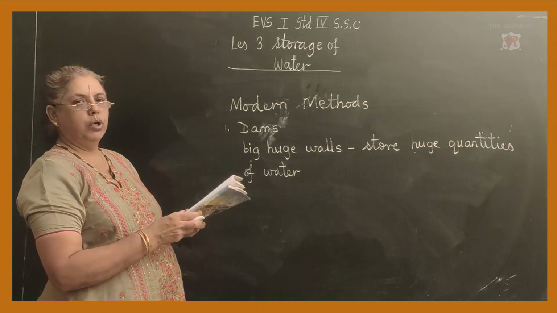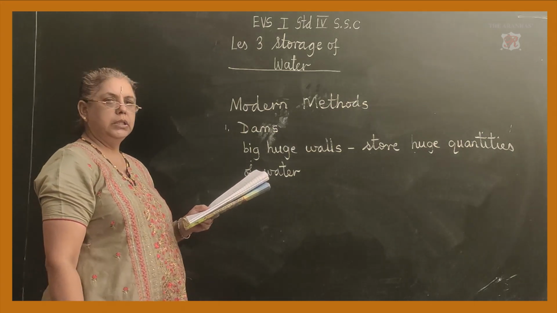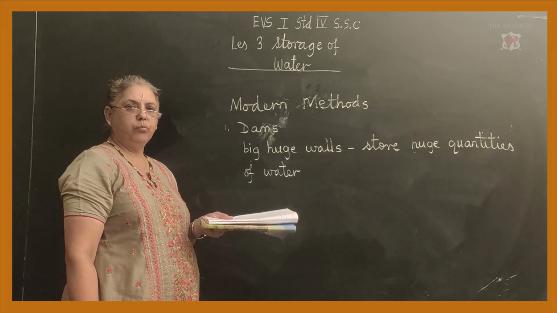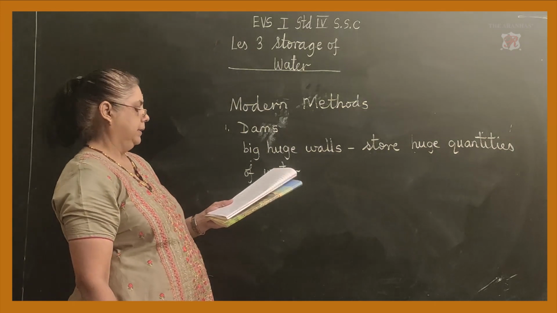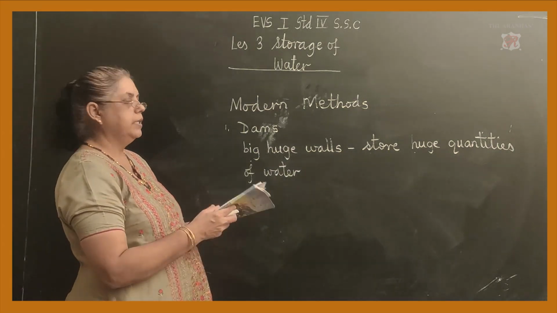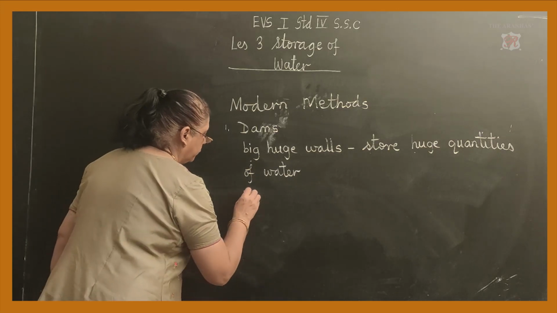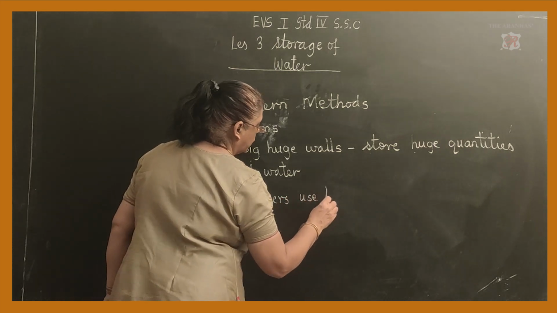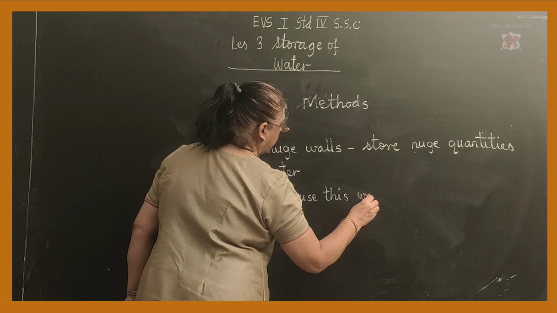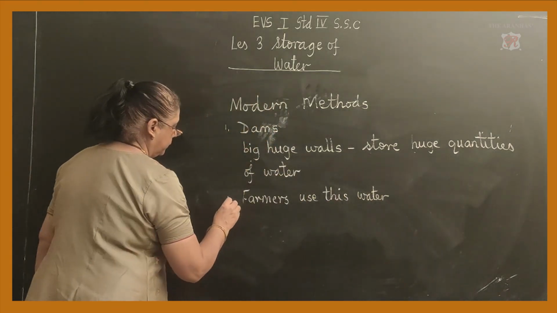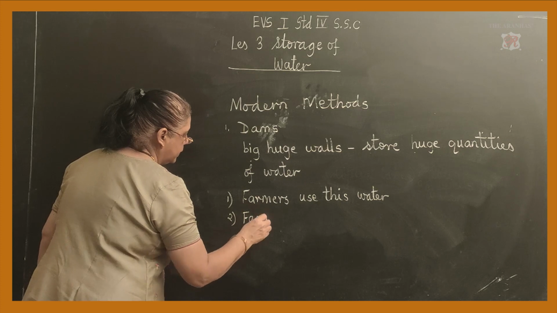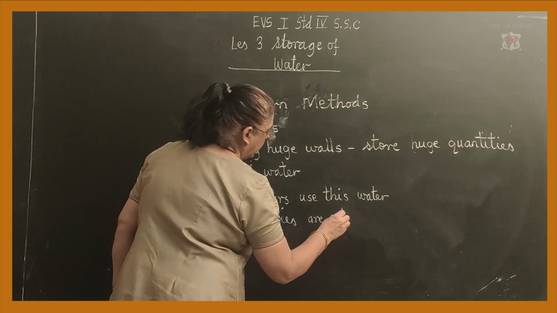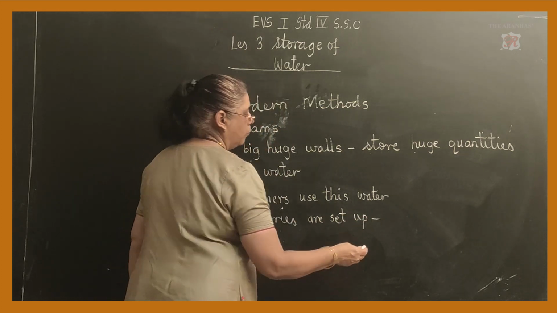And with the help of this dam water, farmers get water to grow crops throughout the year. Factories get water throughout the year, and we can generate electricity also. Wherever the factories are set up, what happens?